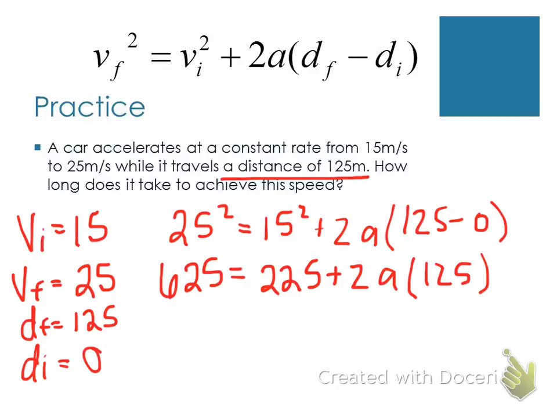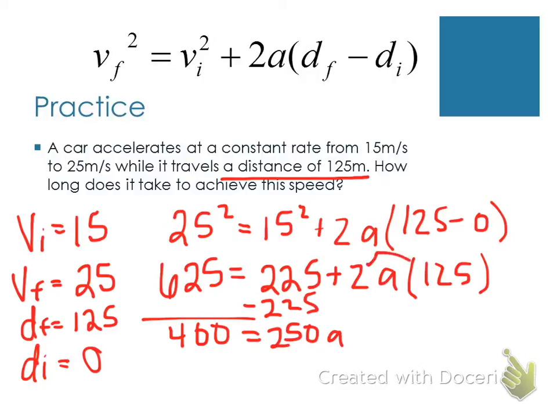Okay, so algebraically our next step is going to be to do what? Subtract this over first. That equals 250 times a, right? Because I need to take 2 times 125. Are we seeing that?